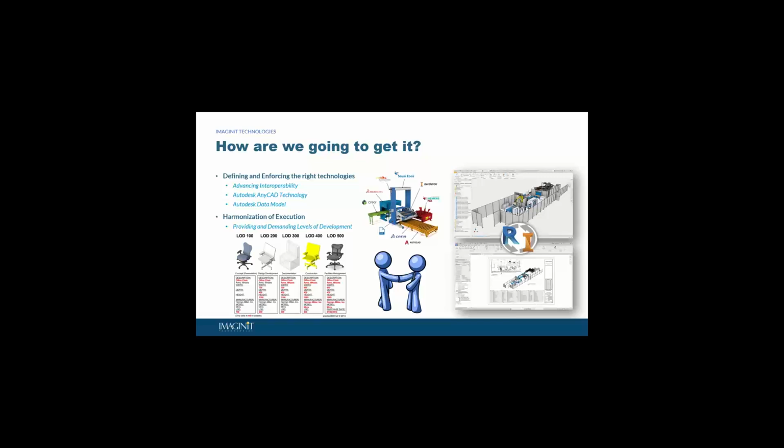Now, how you do your execution is also ultimately important. So for instance, that machine in the center there is great for fabrication. It's probably got every nut and bolt and washer and bearing that I would ever need. But really, when it comes to a general arrangement or a space claim or different levels of submittals for the process, I don't need that detail. There's people in my digital twin execution plan that don't need that level of complexity, but they need the data.